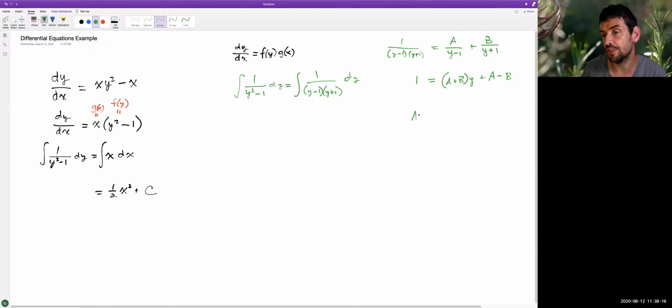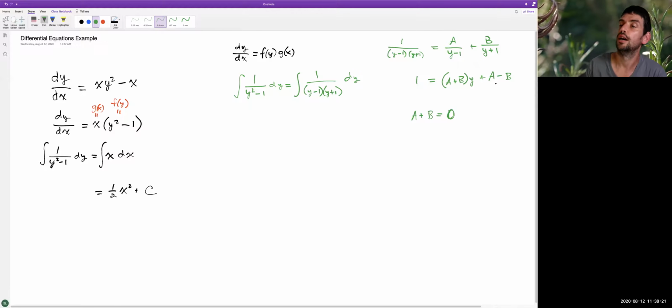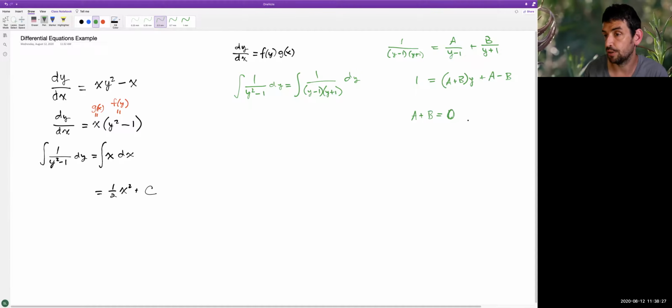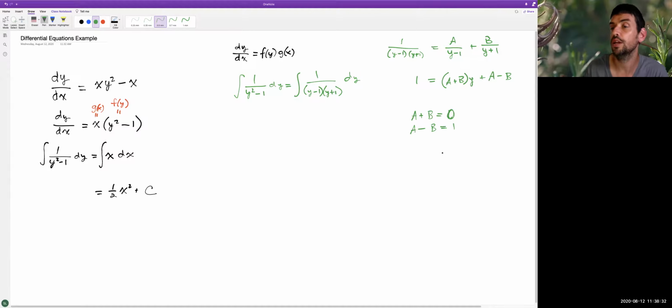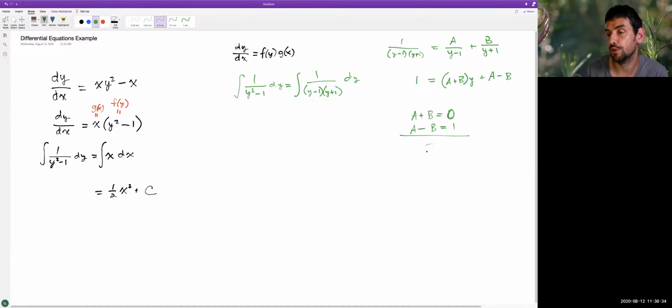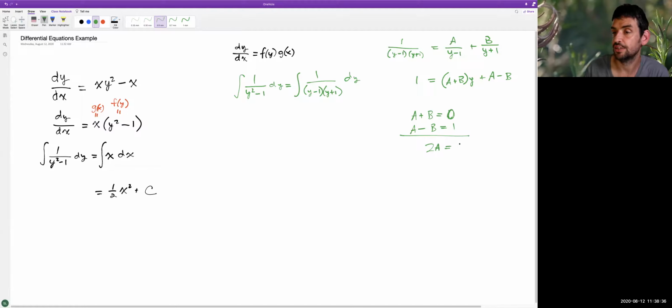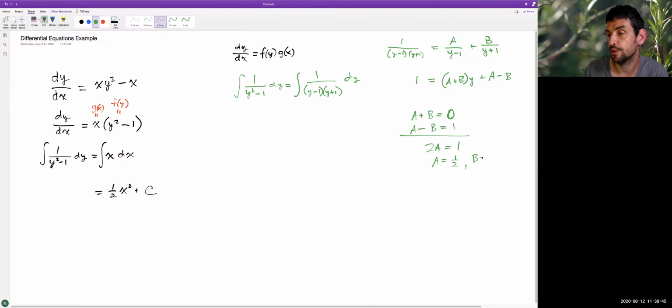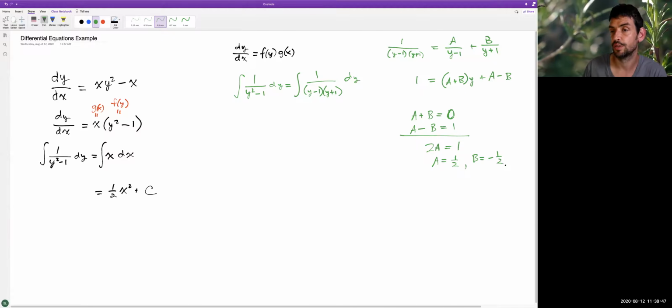And we know from this equation that the coefficient of y has to be 0, and the constant has to be 1, and I can simply add these two equations together. I get 2a equals 1, a is equal to 1/2, which is simple enough to see that b is equal to -1/2, okay?